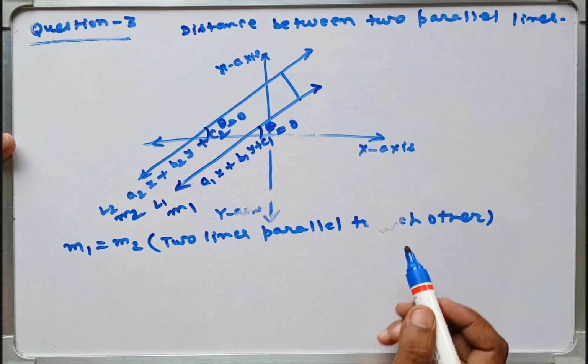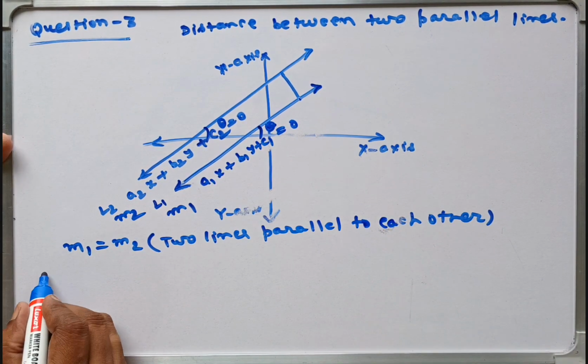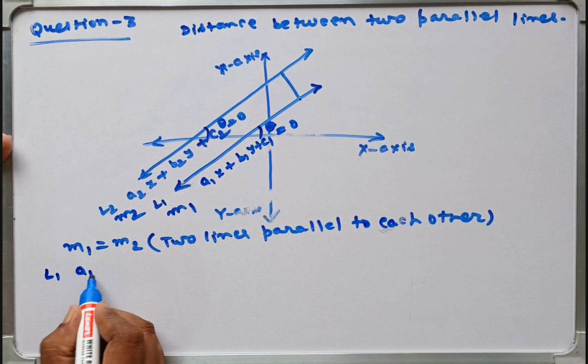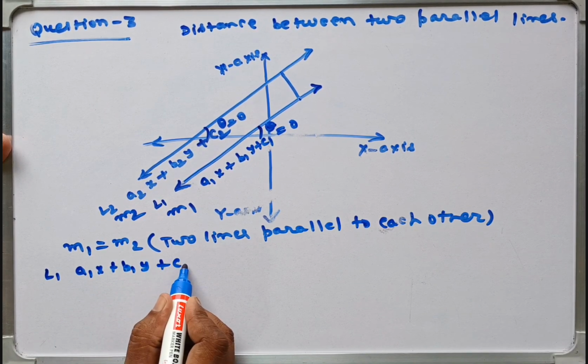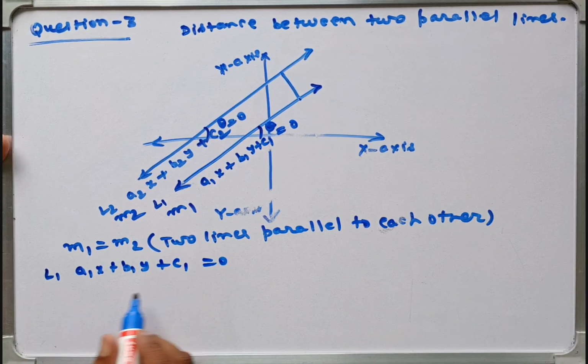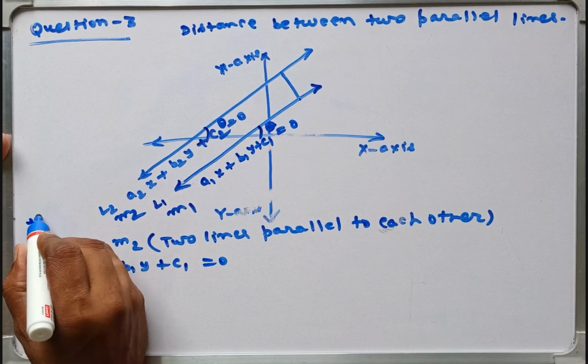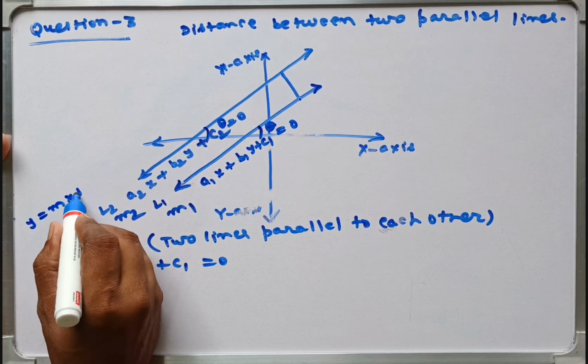So if line L1 equals a1x plus b1y plus c1 equals 0, then we can write it in the standard form y equals mx plus c.